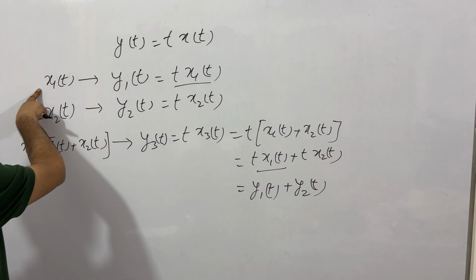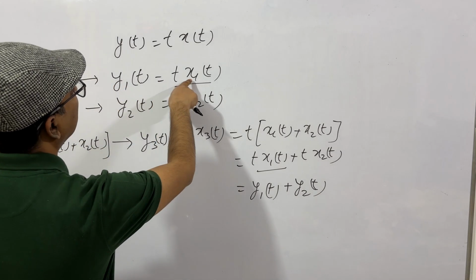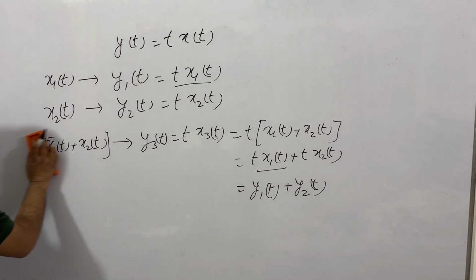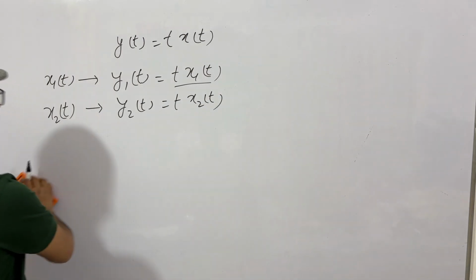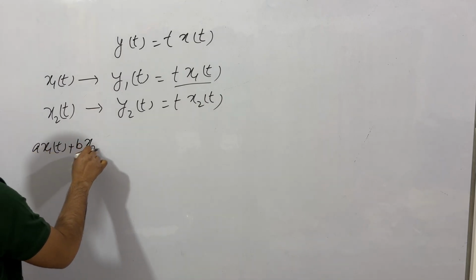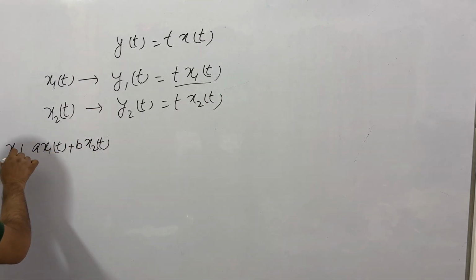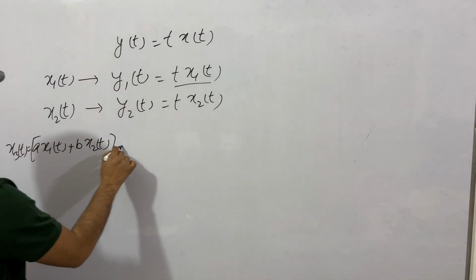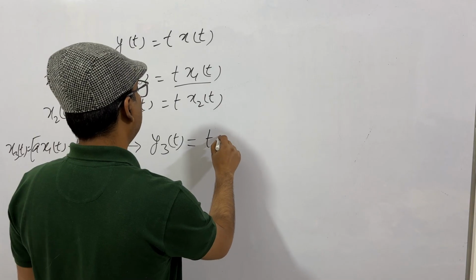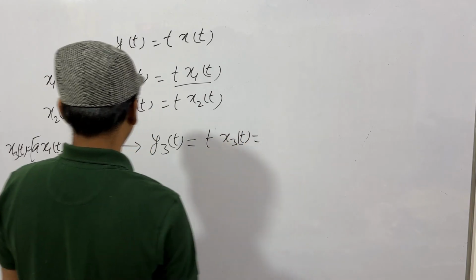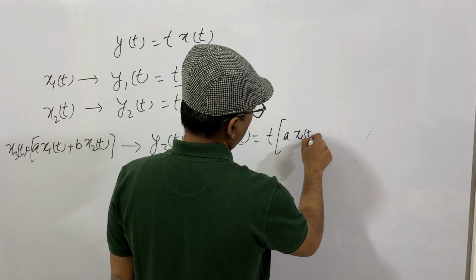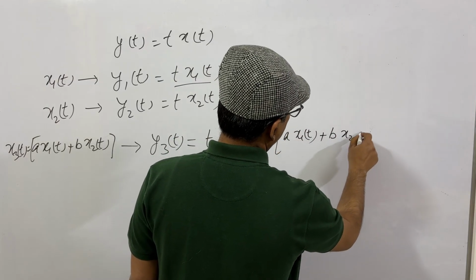And you can see if this was a·x1(t), the output would have been a·t·x1(t). Instead, if we use x3(t)=a·x1(t)+b·x2(t), then the third output y3(t) will simply be t·x3(t), which is t·(a·x1(t)+b·x2(t)).